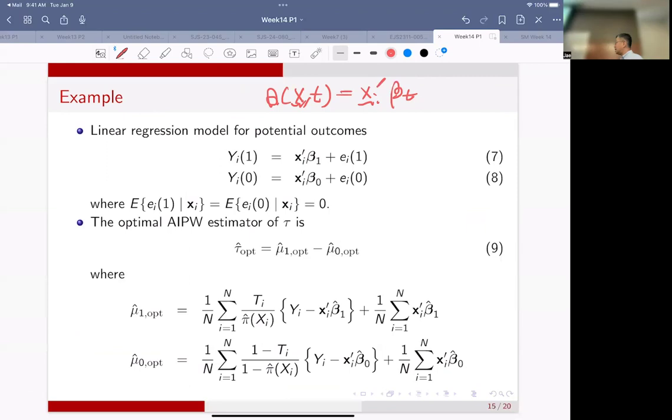So this is essentially very close to the two-phase regression estimator, if you remember. It's week 11 or 12, right? We studied the two-phase regression estimator. So in the two-phase sampling estimator, the only difference is that this pi is known, under our control.